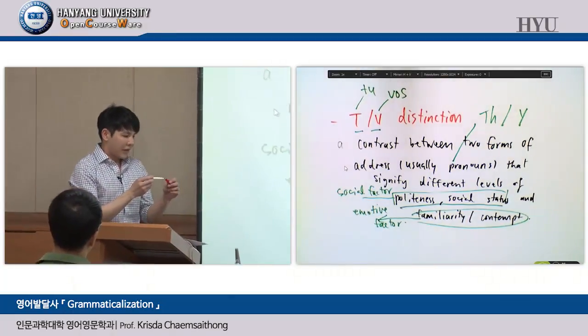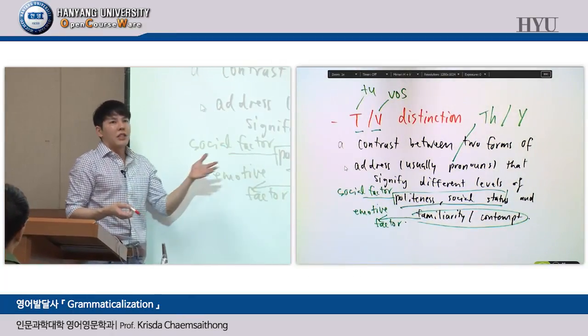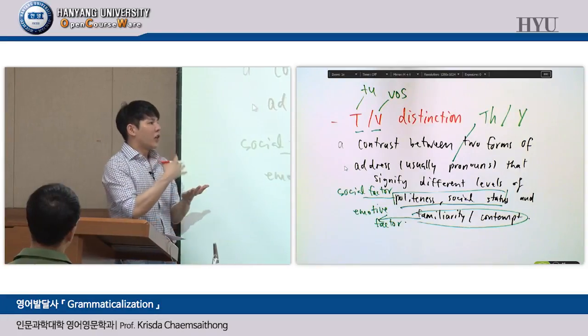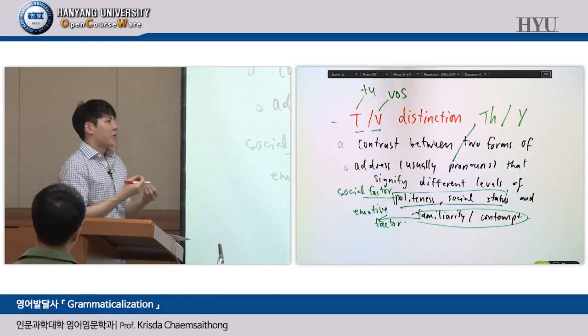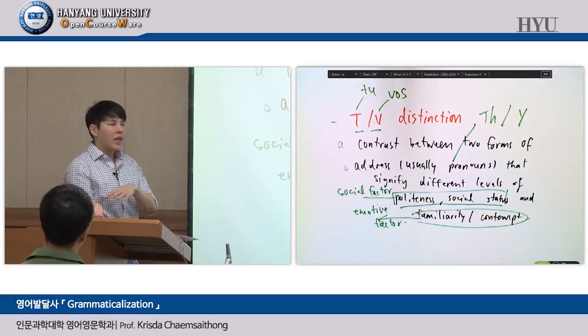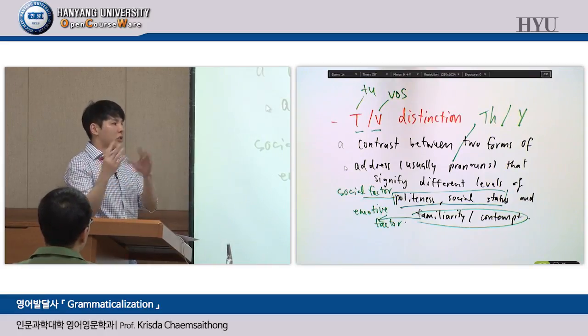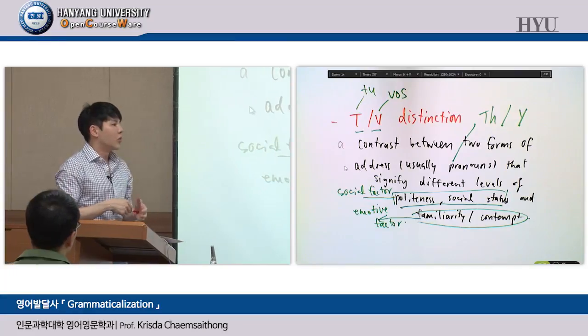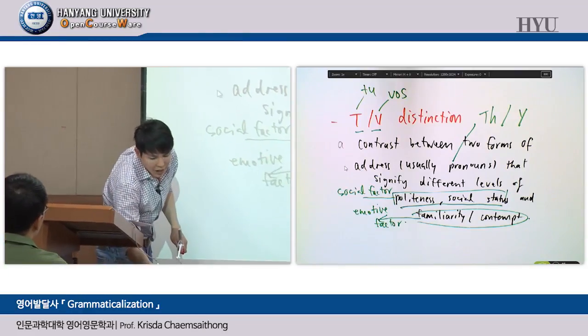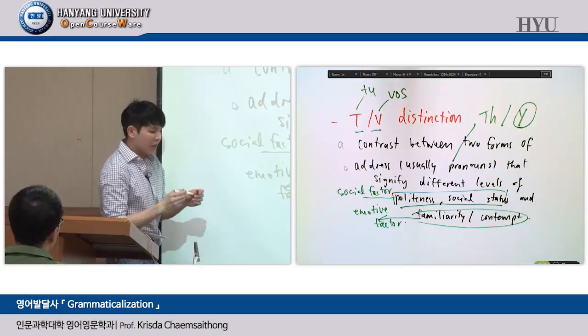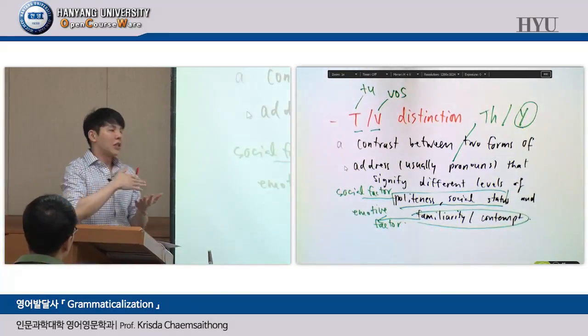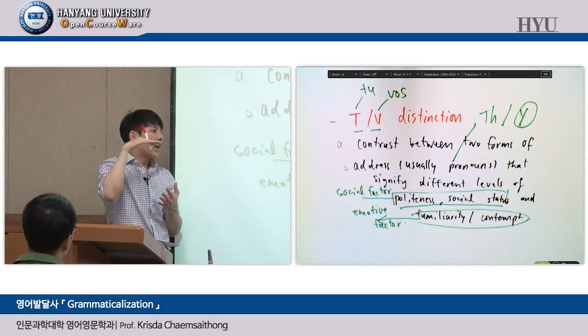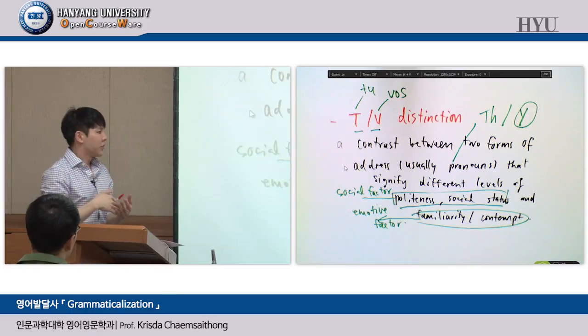So social status: if I am higher than you socially, for example, parents to children or professor to students, we are likely to use the Y form, or the V form, if we want to signal higher social status.